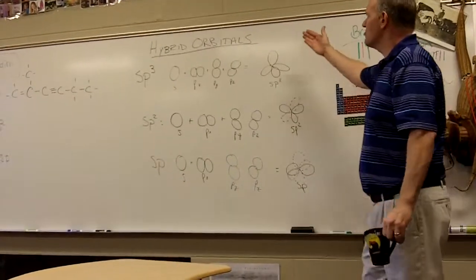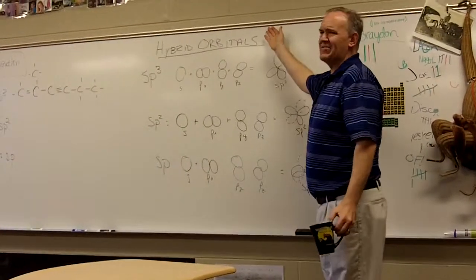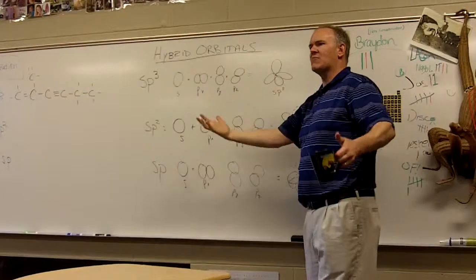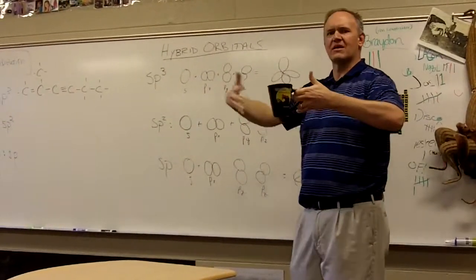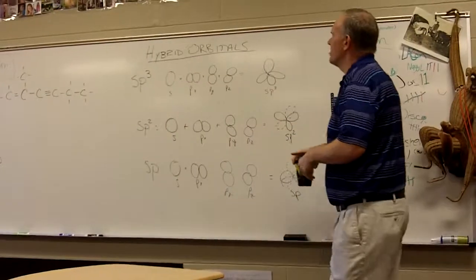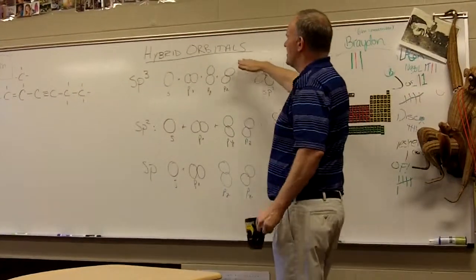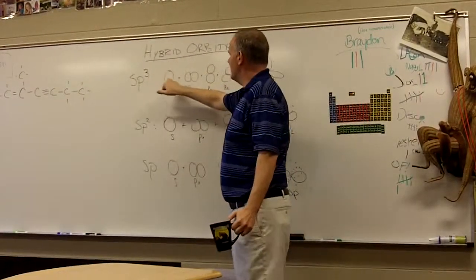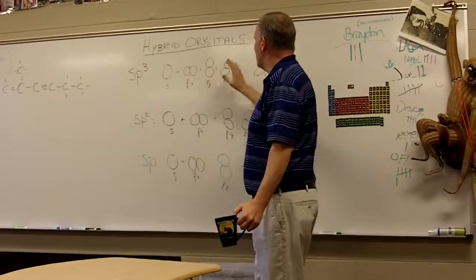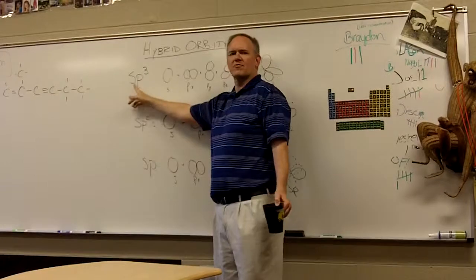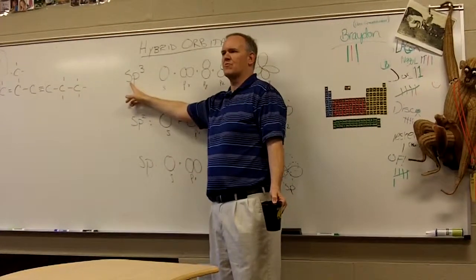A hybrid orbital is like a hybrid of two animals: you cross their DNA, you mix them together to make a new thing, like a hybrid strain of corn. That's what we're doing here. We're taking the s and the three p orbitals and adding them together to make a new kind of orbital that we're going to call the sp3 orbital.